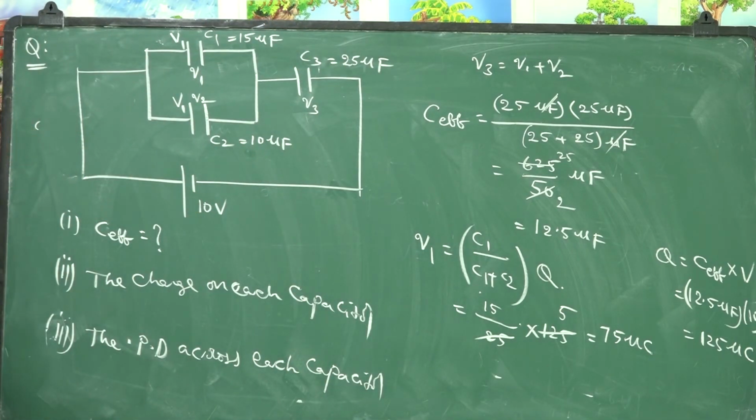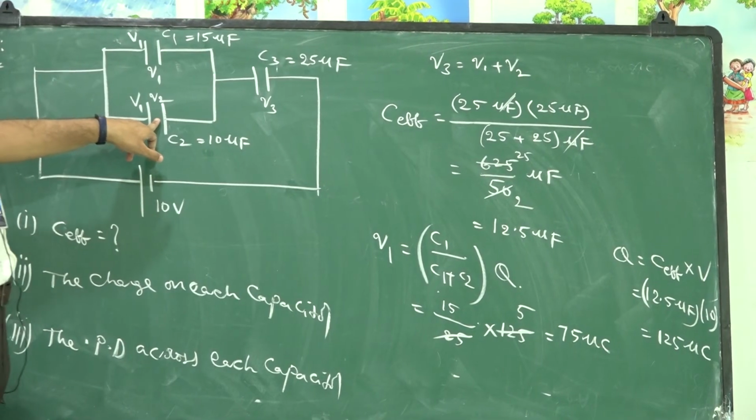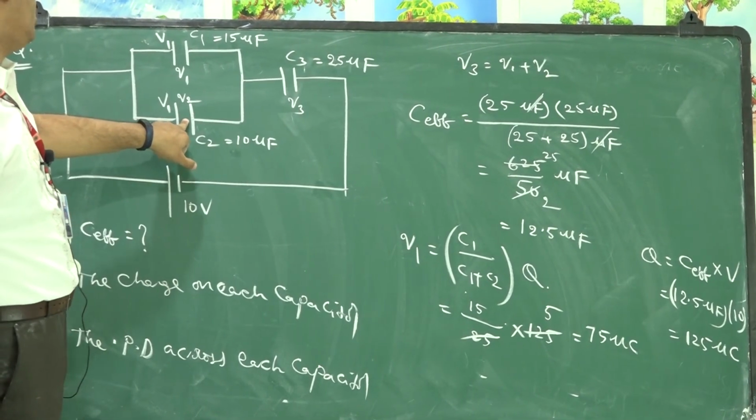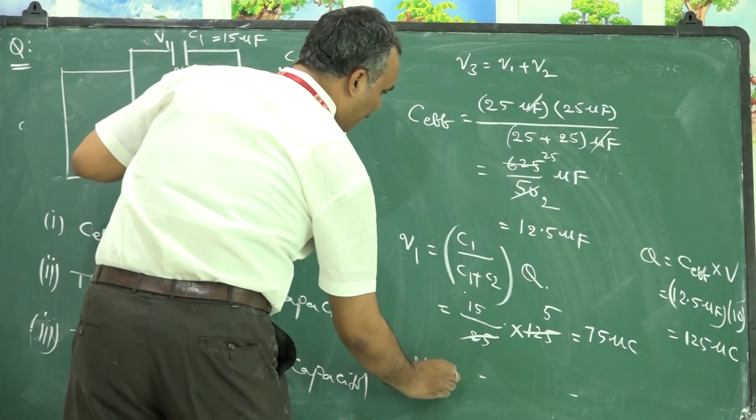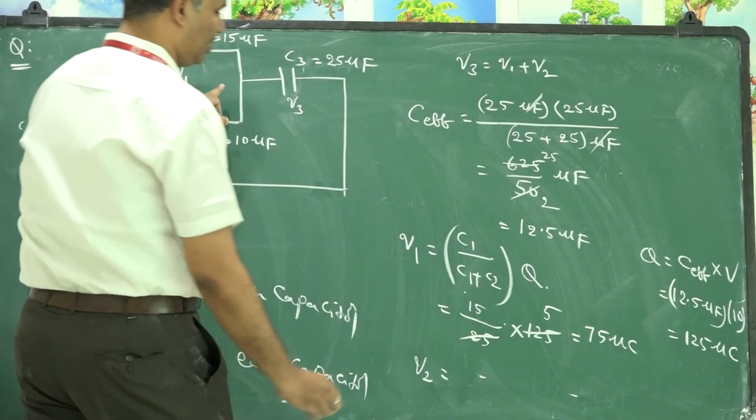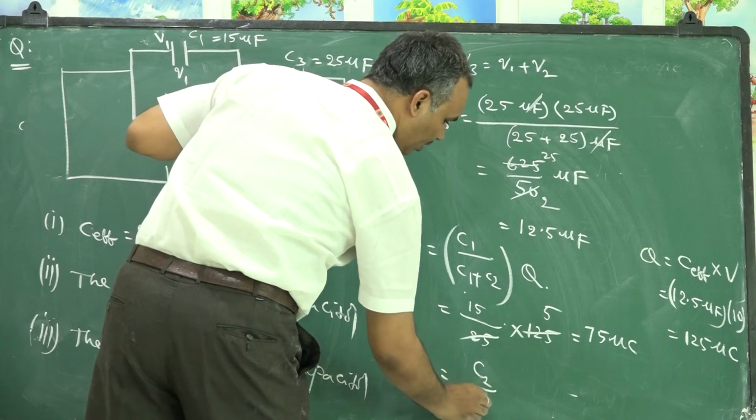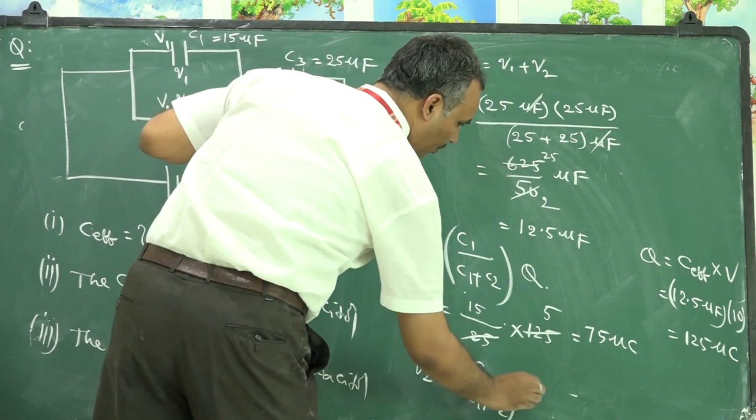Obviously, what is the charge on this capacitor, Q2? How to calculate? If you want Q2, you should take C2 by C1 plus C2 into Q.